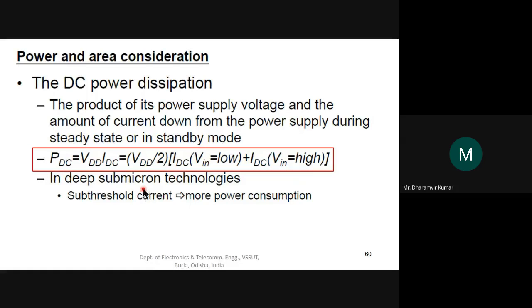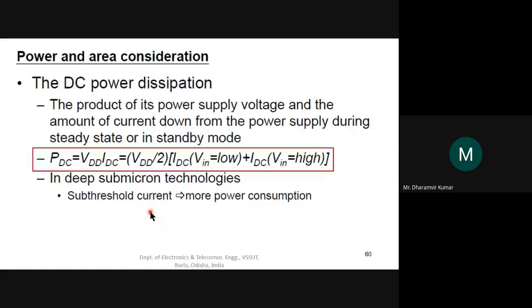One very important point is that since the device sizes are shrinking, becoming smaller and smaller, in deep submicron technologies the sub-threshold current, that is the current that flows through the device when it is in cutoff, matters. Even in cutoff, the current flowing through the device is not completely zero. There is still a very small amount of current flowing.